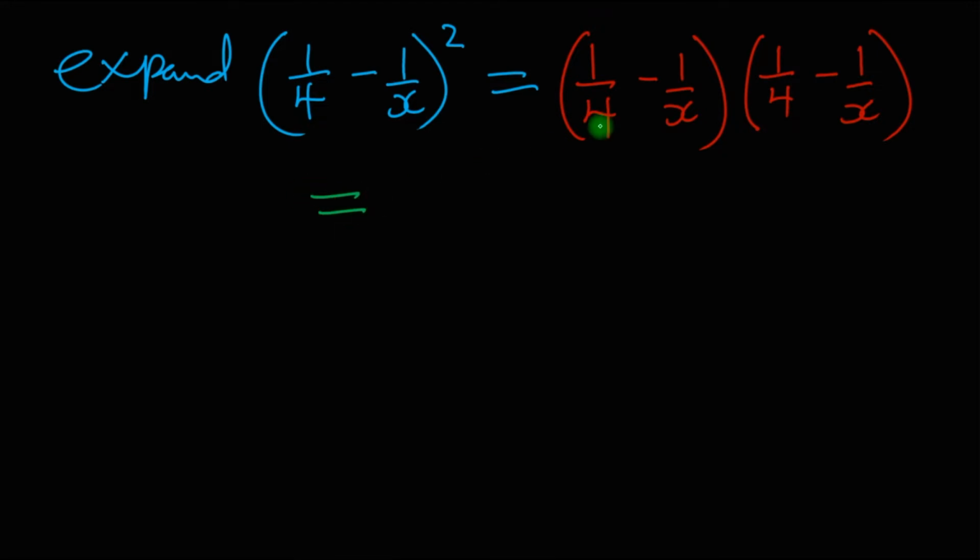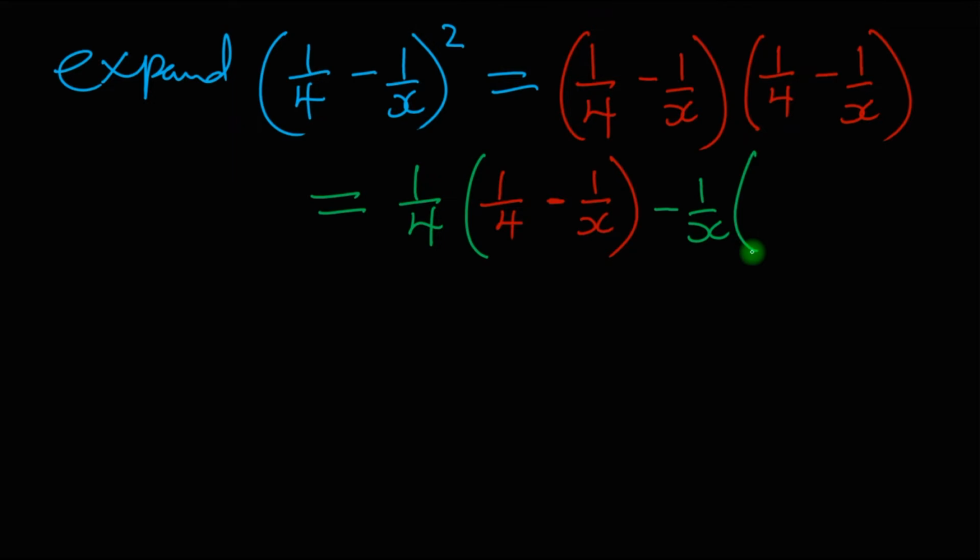If we expand, we have a quarter, the first element in the first bracket, multiplied by whatever is in the second bracket, then minus 1 over x multiplied by what is in the second bracket.